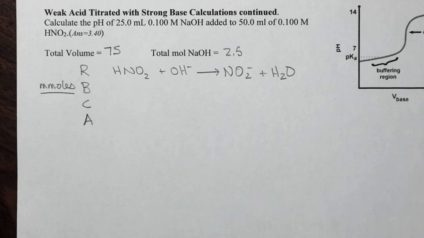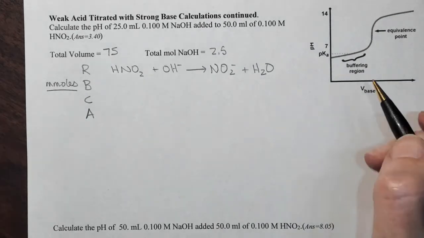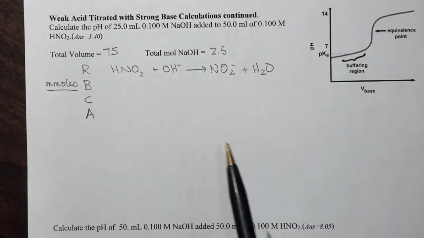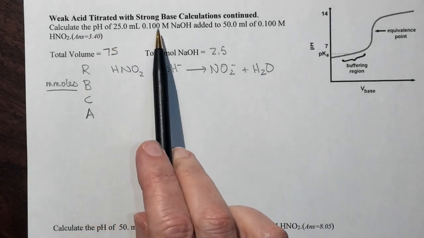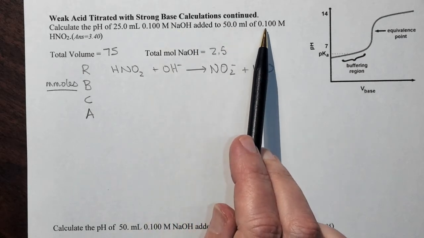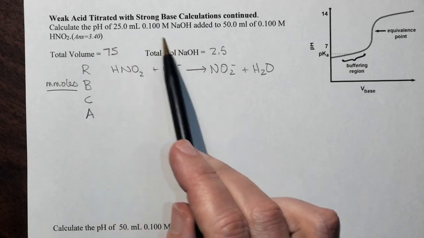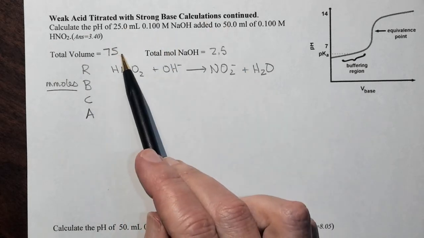Okay, now we're going to look at the next step in the titration, and that is going to be calculating the pH of 25 mL of 0.1 molar sodium hydroxide added to 50 mL of 0.1 molar of the nitrous acid. Our total volume is 75 mL.